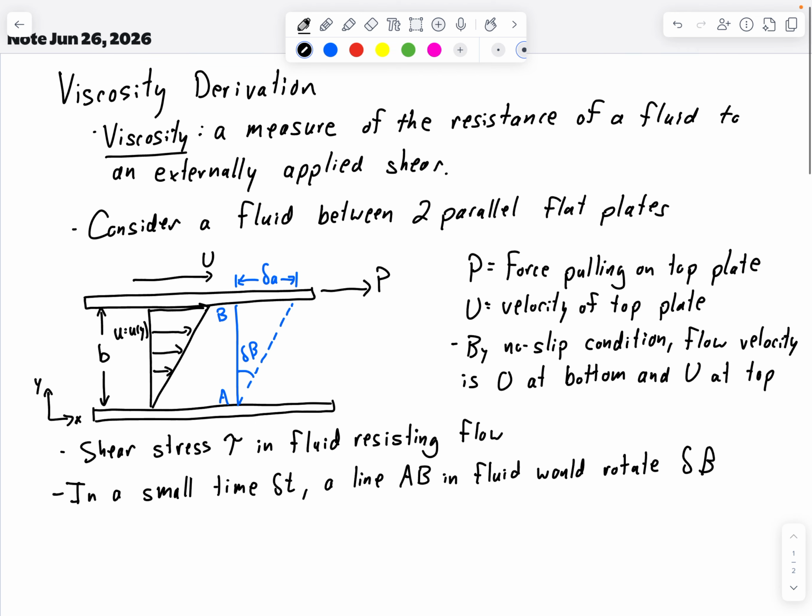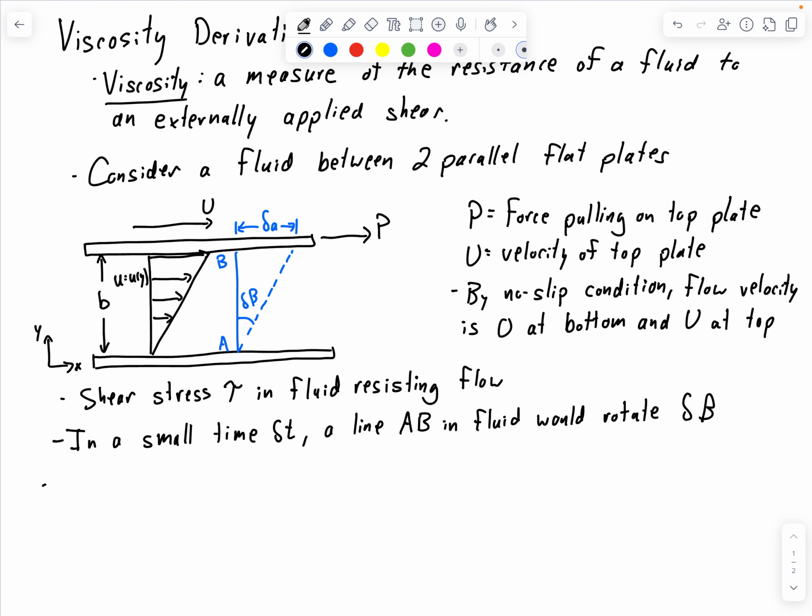Now, in a fluid, the rate at which that angle changes is delta beta by delta t. It turns out that quantity is proportional to tau, the shear stress.